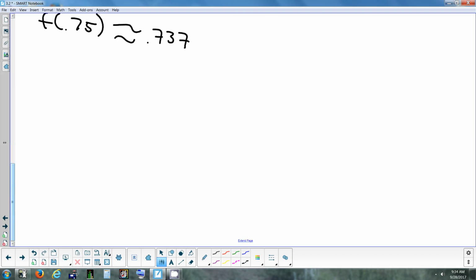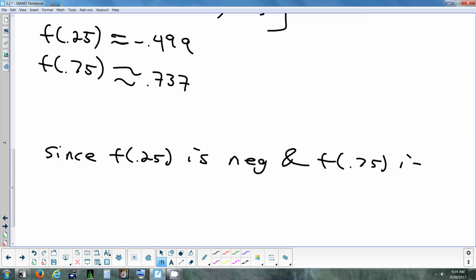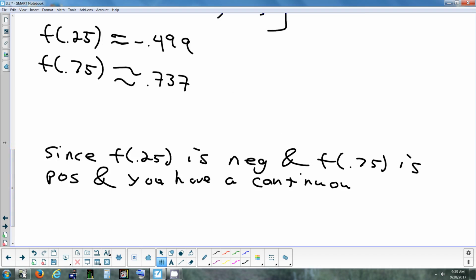So since f of 0.25 is negative and f of 0.75 is positive, and you have a continuous function, that's important to mention, you have to pass through 0 at some point.